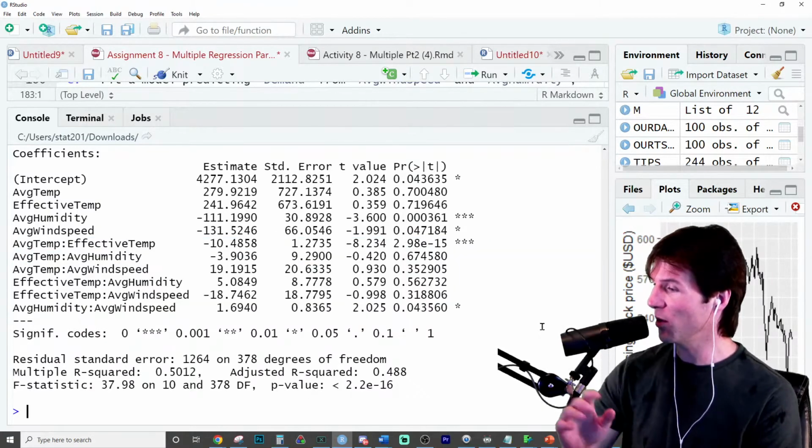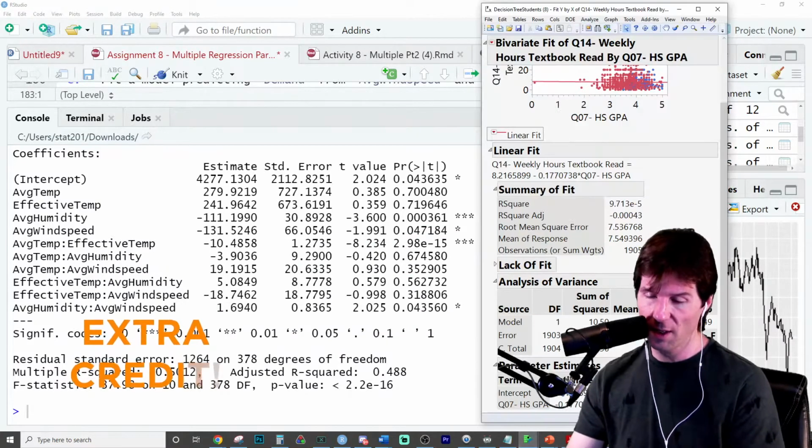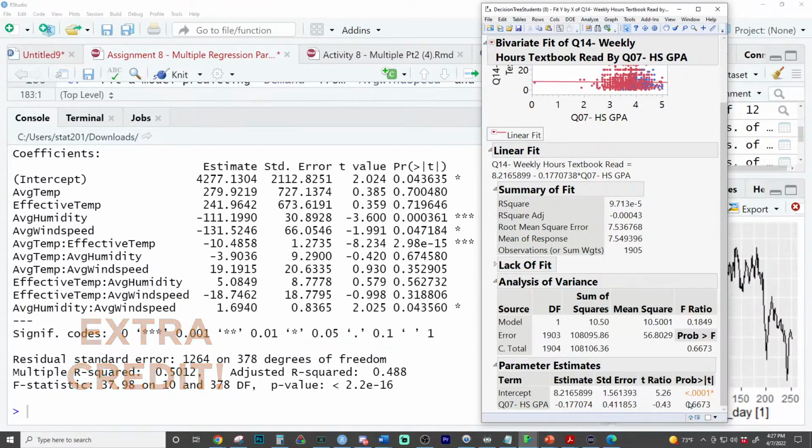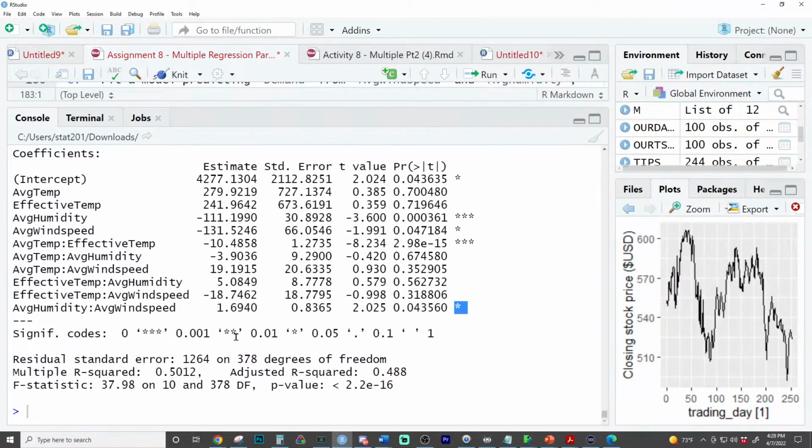Correct. Great job, Brendan. And JMP actually does the same thing. JMP will include a star when something is statistically significant, or it'll color code it. R uses star codes, and as long as there is a star, it is statistically significant. So you can see right here, it just means the value of the p-value is between these. So you could look and be like super significant, significant, significant.